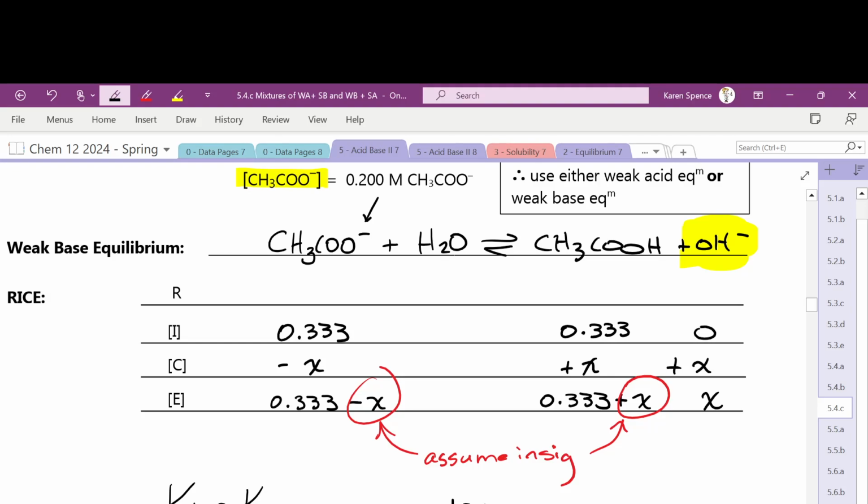So that's 1.0 times 10 to the negative 14 divided by 1.8 times 10 to the negative 5. And we get 5.6 times 10 to the negative 10. Let me check. 1E negative 14 divided by 1.8E negative 5 equals 5.6 times 10 to the negative 10. Okay.